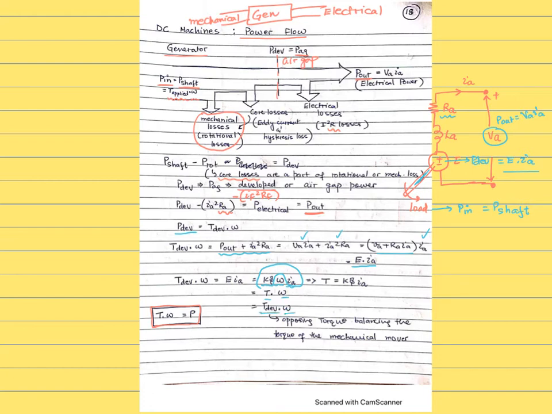In case of generator, it is the opposing torque, which balances the torque of the mechanical mover. In case of motor, it will be the developed torque. So we saw that P developed equals T developed times omega. This is a generic expression, T times omega, and it can be applied at any level.